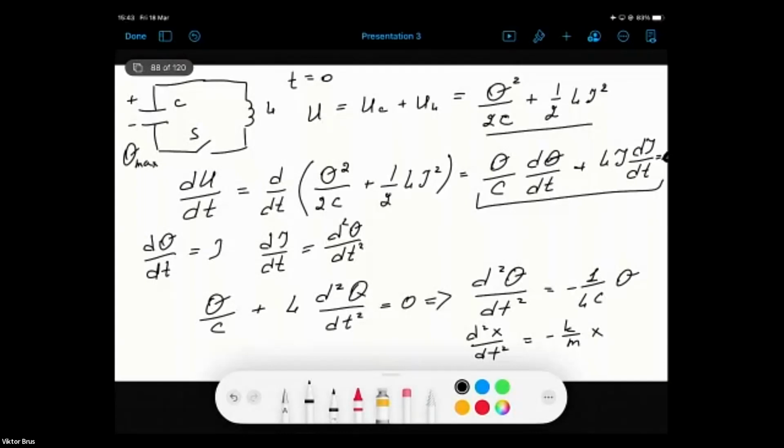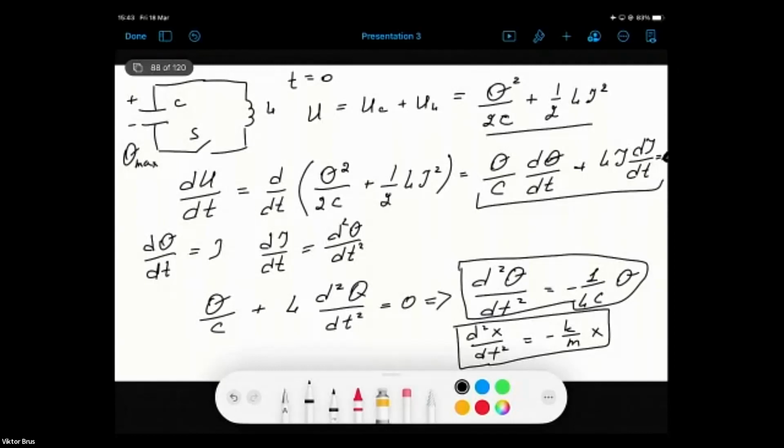So in this case, for the mass spring, we were solving for the position of the block. In our case now, we solve for electric charge as a function of time.